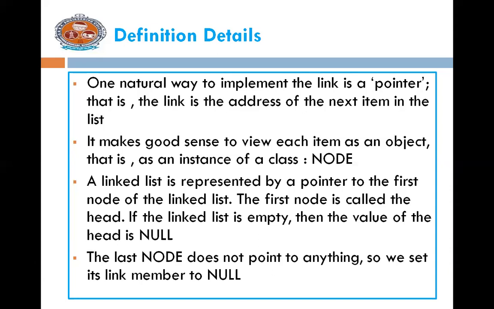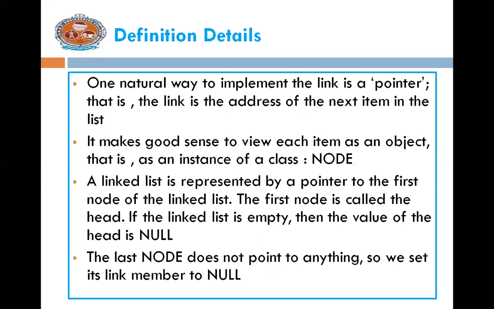A linked list is represented by a pointer to the first node of the linked list. The first node is called the head of the linked list. If the linked list is empty, then the value of head is null. After the first node, it may have a number of nodes, and at the end you have the last node.